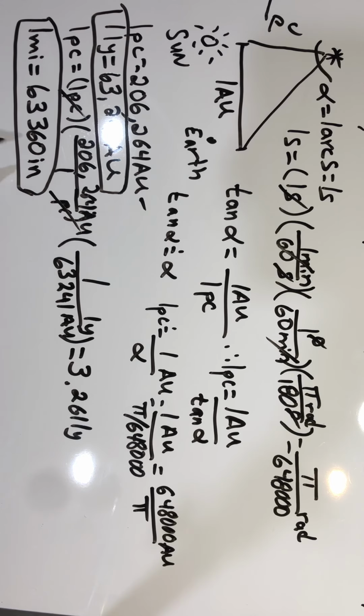So you can say Proxima Centauri is about 4 miles away, and you can say that the star Sirius, which is a very bright star, is 8 miles away, because it is approximately 8 light years away.